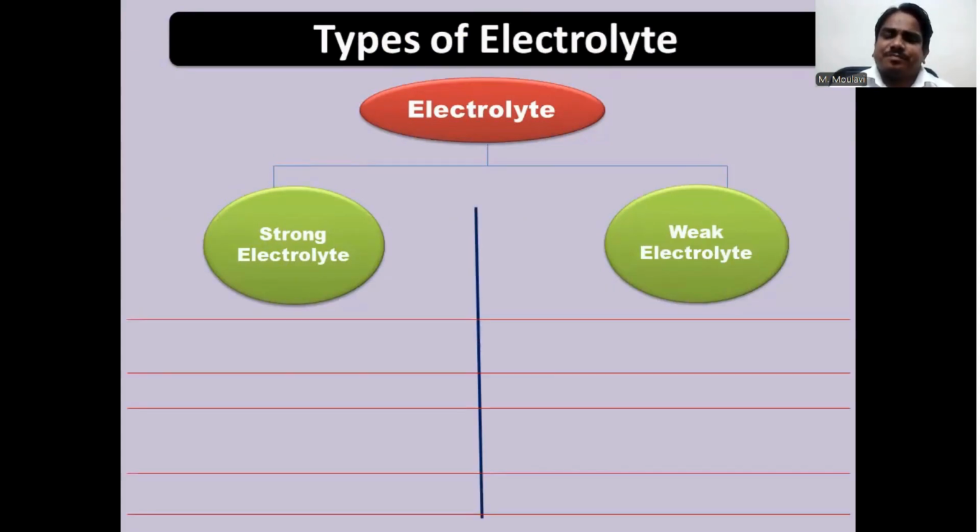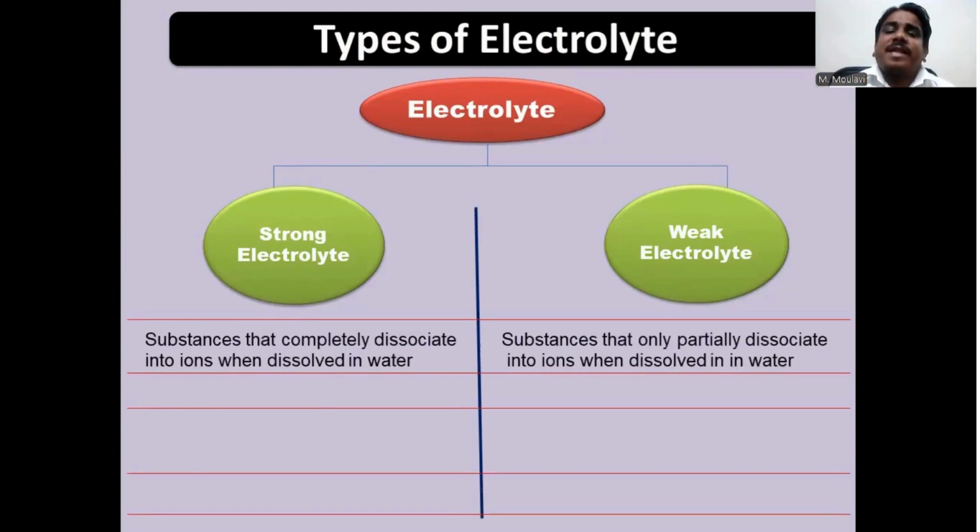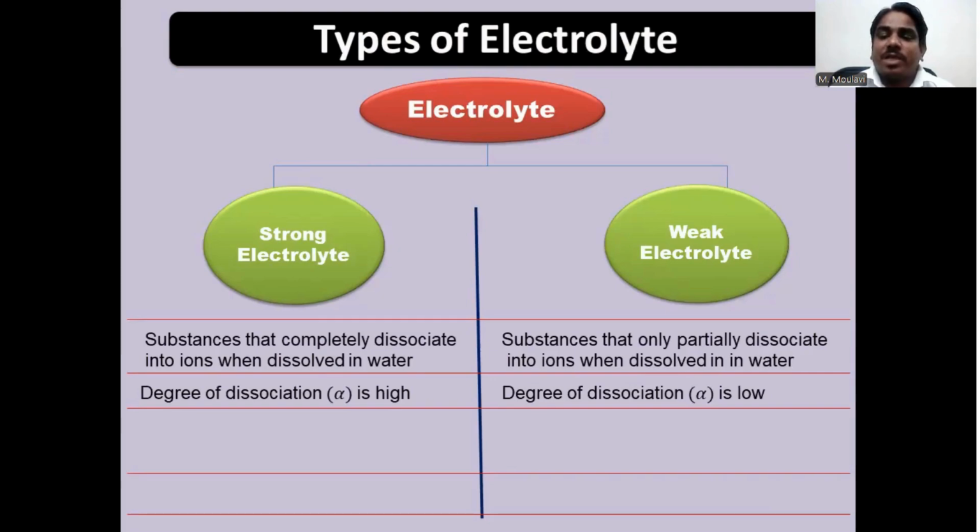First difference: a substance that completely dissociates into ions when dissolved in water is known as a strong electrolyte, and a substance that only partially dissociates into ions when dissolved in water is known as a weak electrolyte. The degree of dissociation, alpha, of a strong electrolyte is very high, while the degree of dissociation alpha of a weak electrolyte is low.